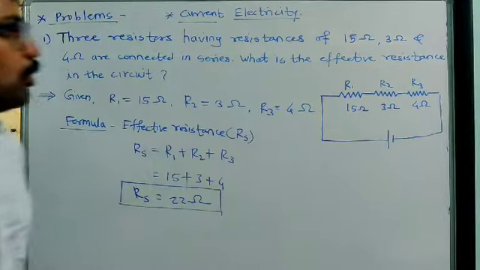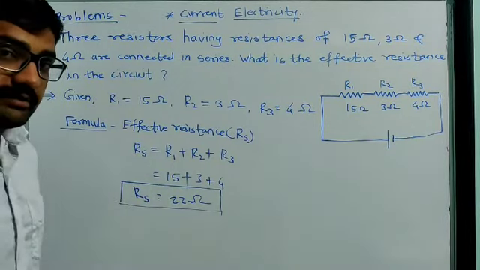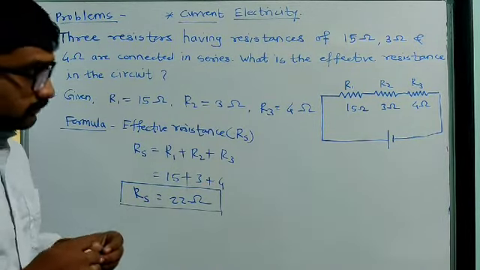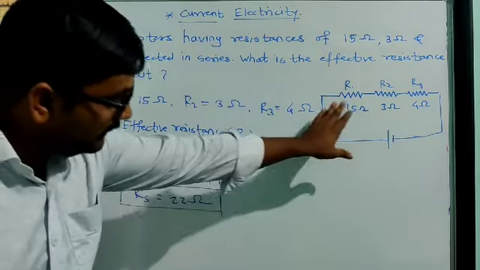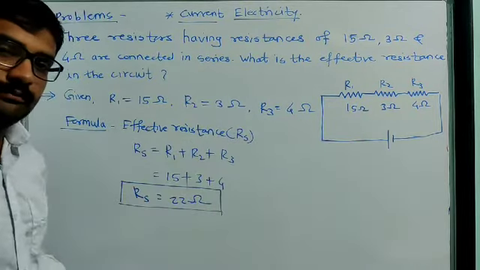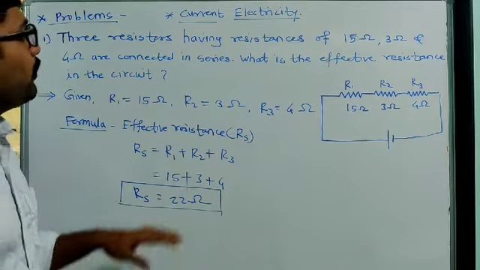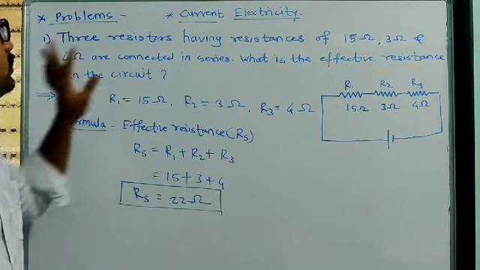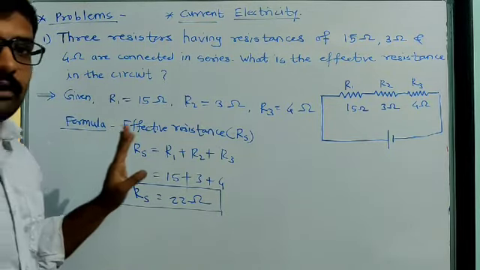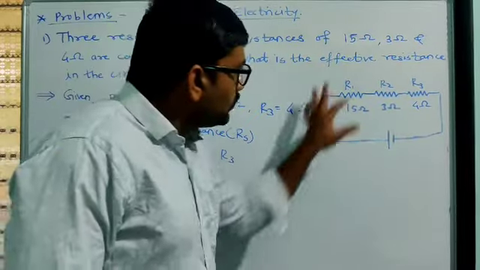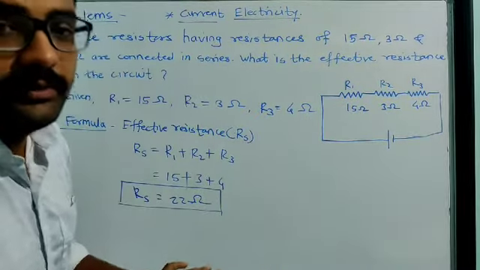Remember, ohm is the unit of resistance. So these three resistors are connected in series in such a way. What will be the effective resistance in the circuit? What will be the total effective resistance of the circuit?